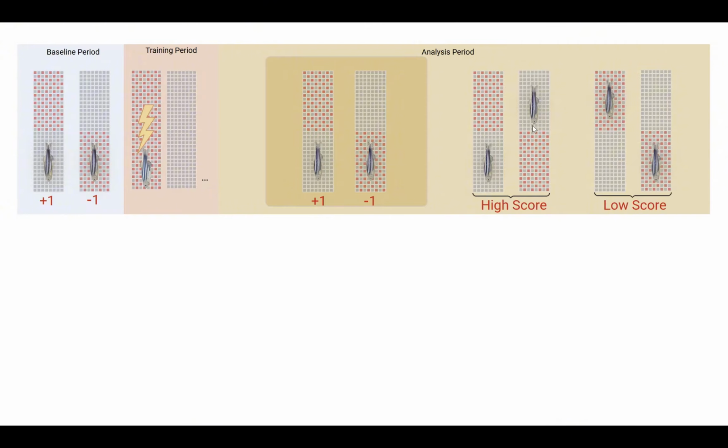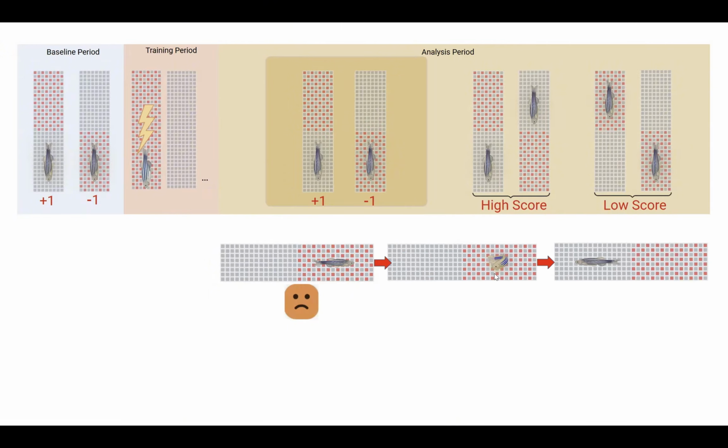The central hypothesis is that zebrafish will acquire conditioned avoidance after the training by associating the illuminated checkboard pattern with the electric shocks. So if learning occurs, fish are expected to avoid the checkboard region and spend more time in the dark region during the post-training analysis period.